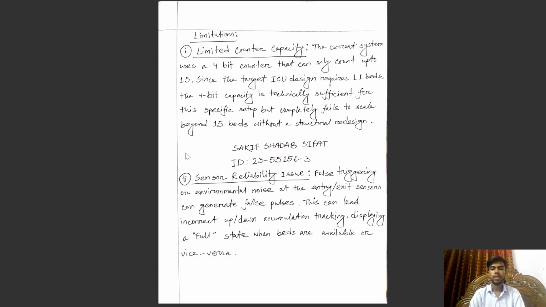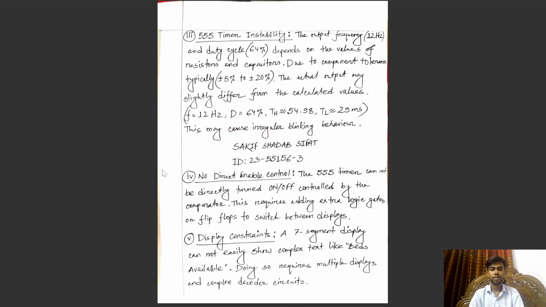On the second part, the sensor reliability issue: false triggering or environmental noise at the entry or exit sensor can generate false pulses. This can lead to incorrect up-down accumulation tracking, displaying a full state when beds are available, or vice versa. That would be a great problem too. Then the third problem is 555 timer instability.